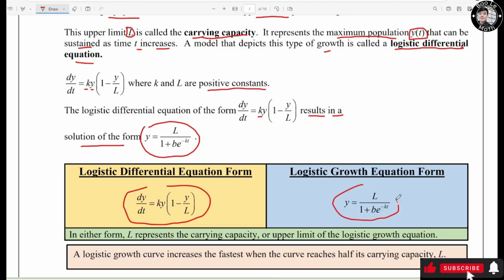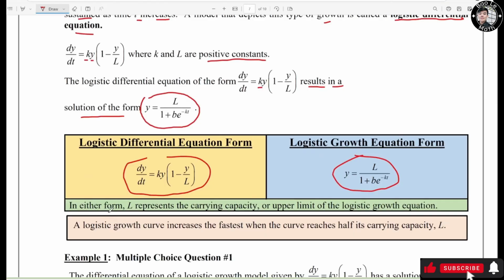In either form, L represents the carrying capacity, or upper limit, of the logistic growth, which is the maximum. A logistic growth curve increases the fastest when the curve reaches half its carrying capacity L.